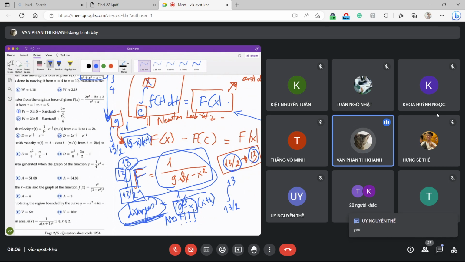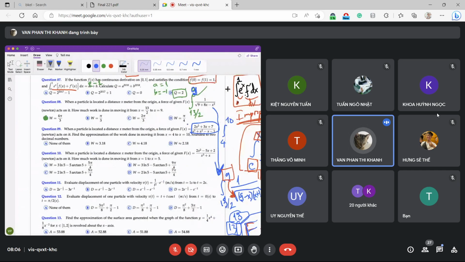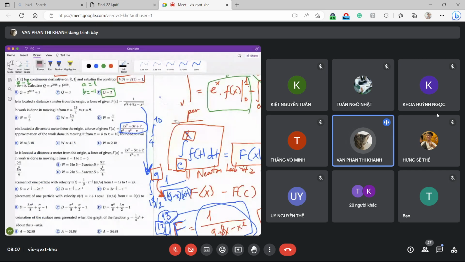So please pay attention to the integral. We have to determine if it is a definite integral or an improper integral. In this case, it is an improper integral, but it converges, so you can approximate the value using this one. But if you want to evaluate it correctly, we represent it as 1 over the square root of something minus something squared.